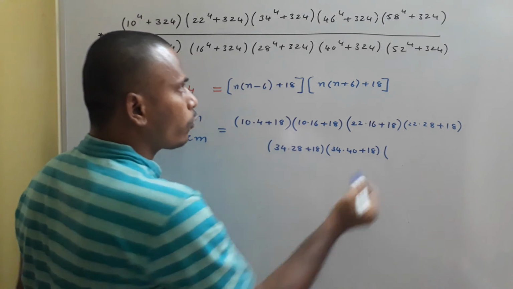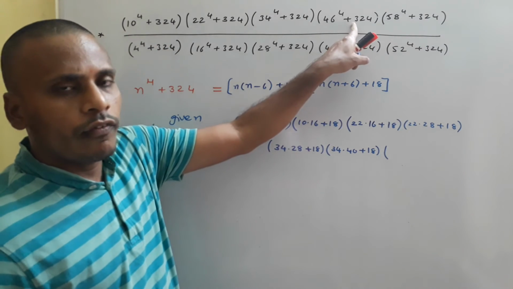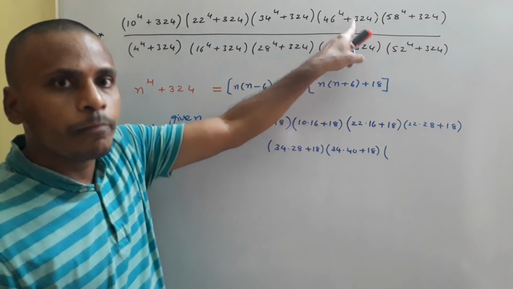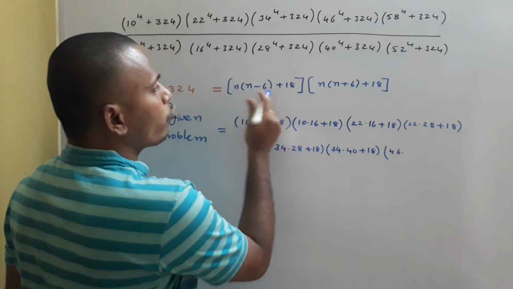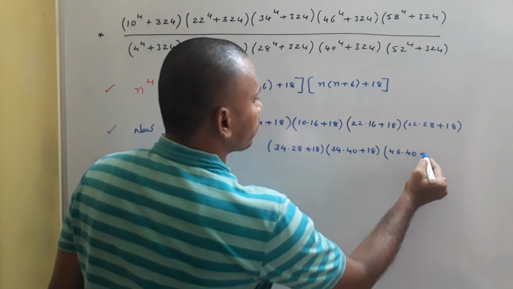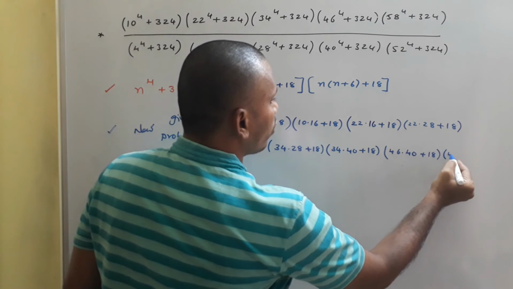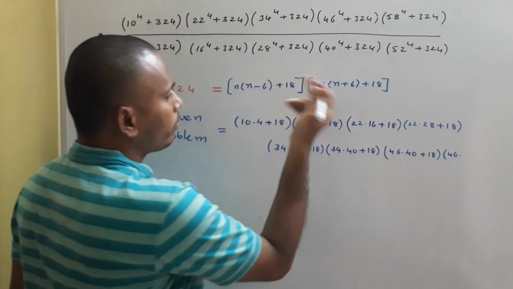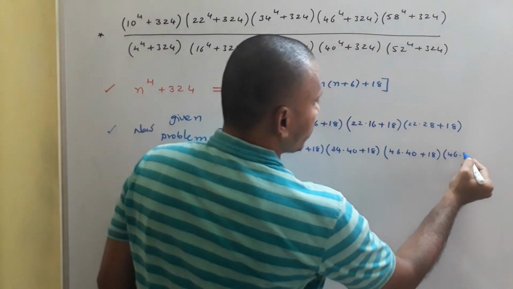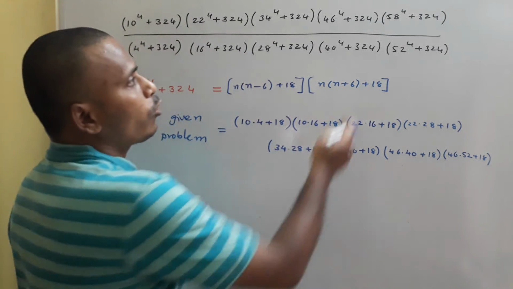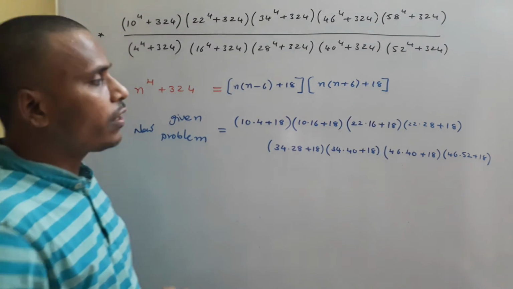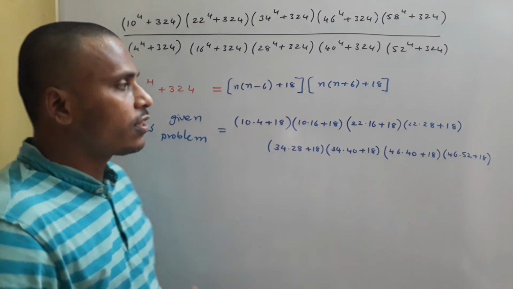Replacing n with 34. Now, factorize this by replacing n with 46. If you replace n with 46, what will happen? 46 into 46 minus 6 is 40 plus 18 into 46 into 46 plus 6, which means 52 plus 18. Still I need to mention two terms for this, 58 power 4 plus 324.